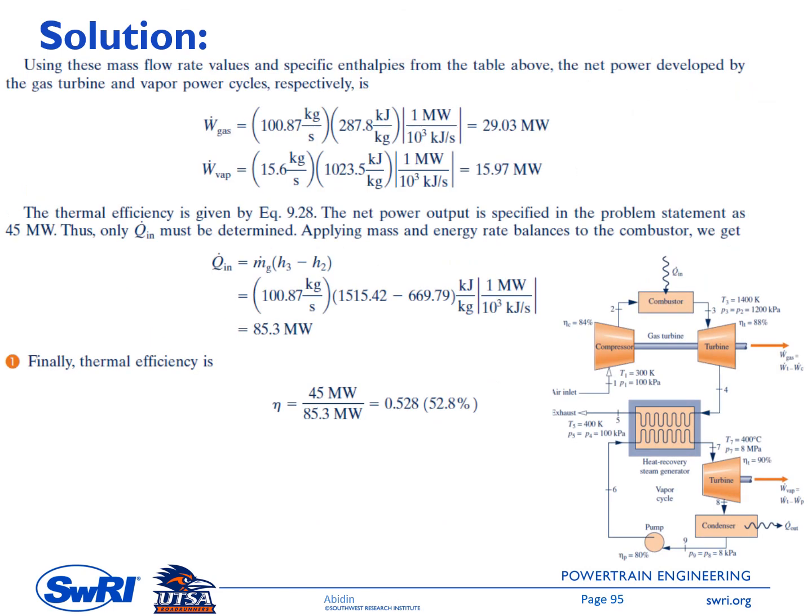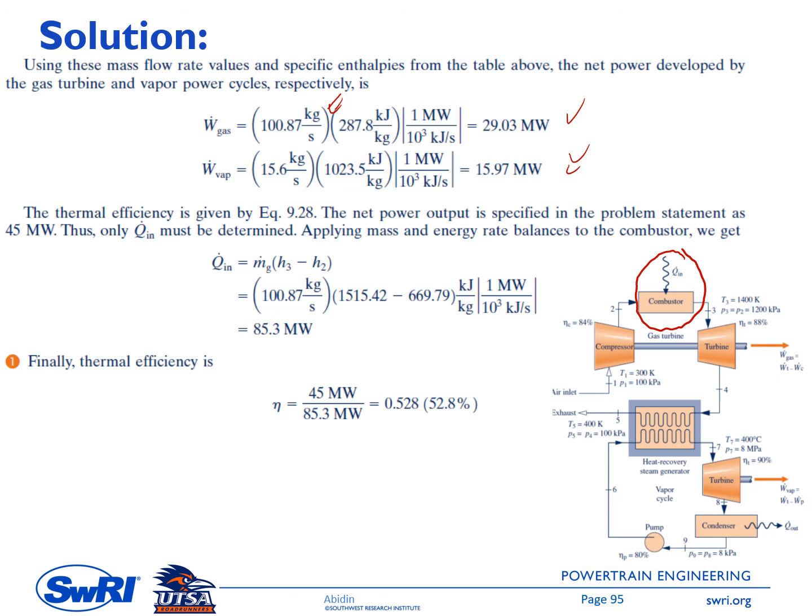Once we have the mass flow rate for each working fluid, we can plug in the numbers to get the net work in megawatt. The net work from the gas turbine side is 29.03 megawatt, and from the vapor cycle side we get 15.97 megawatt. Similarly we can calculate Q in, and in this combined cycle the Q in is only used inside the combustor of the gas turbine side.